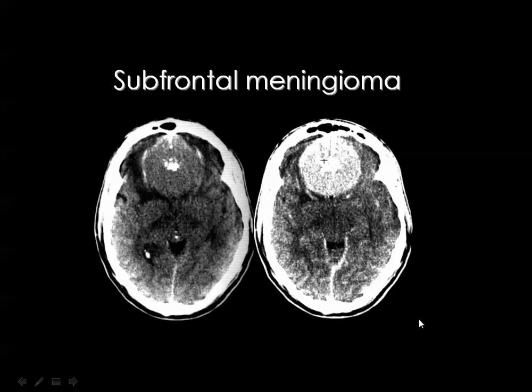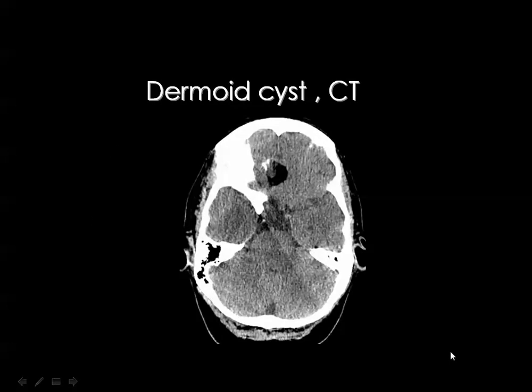And this is a case of subfrontal meningioma, and the meningioma shows some calcium inside, and after contrast enhancement, there is homogeneous post-contrast enhancement. Dermoid cyst is one of the lesions that contain calcium, besides the fat content, as well as other soft tissue structures, as you can see here.